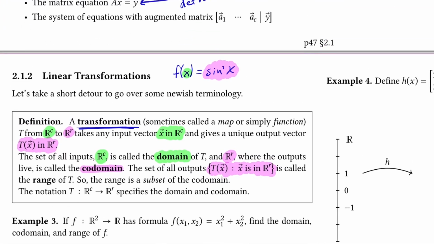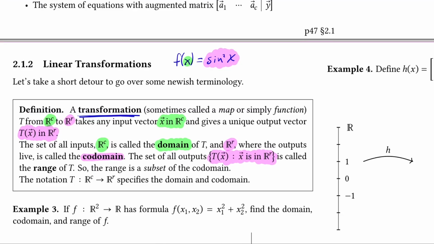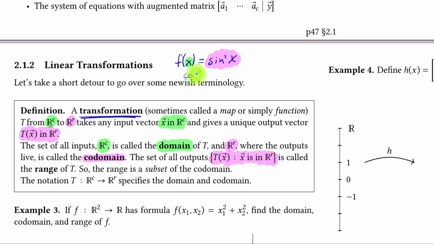So for example, with a function like f of x equals sine squared of x, the codomain here is going to be real numbers, because real numbers are the kind of thing you get out from this. But the range is just the output values you can actually get by doing sine squared, which would just be the interval from 0 to 1.